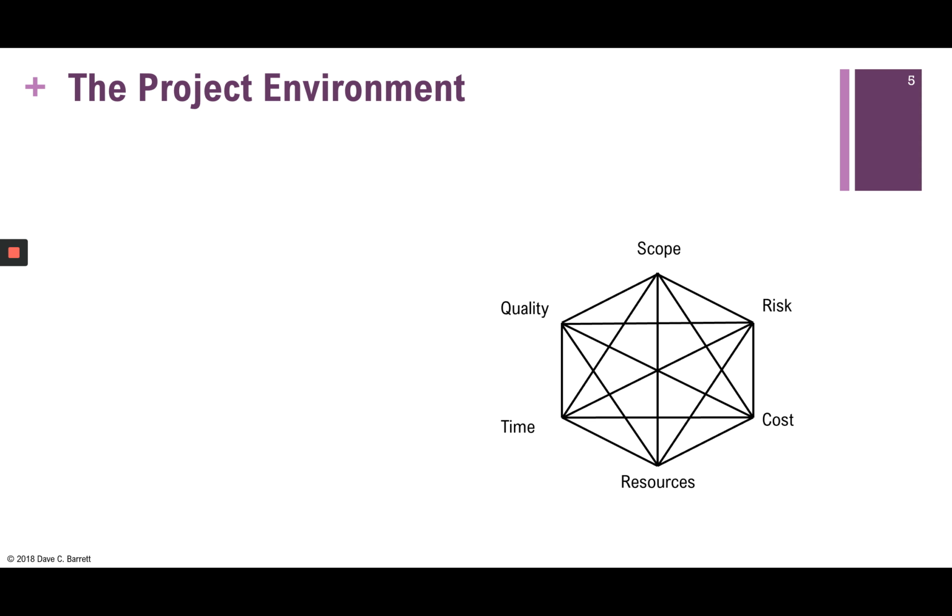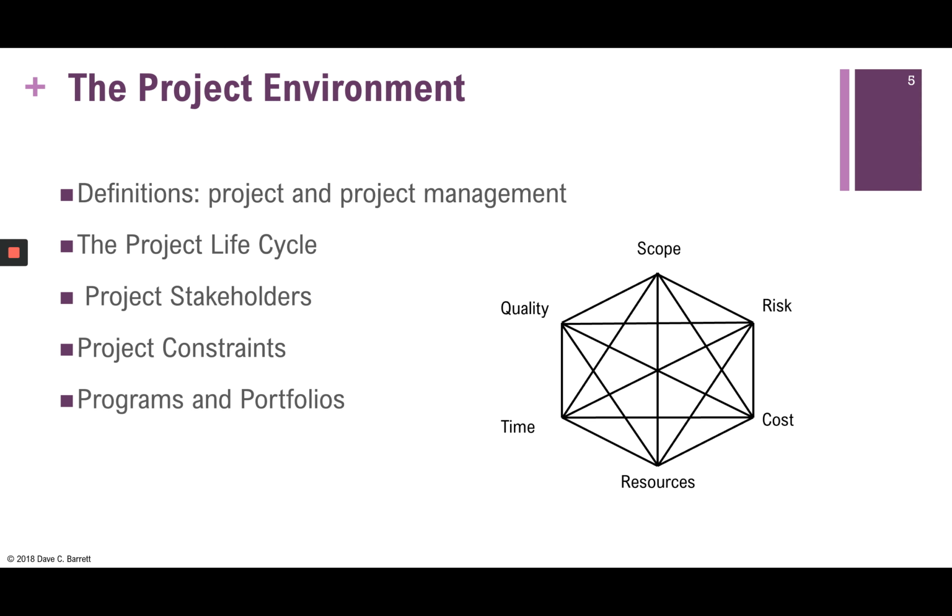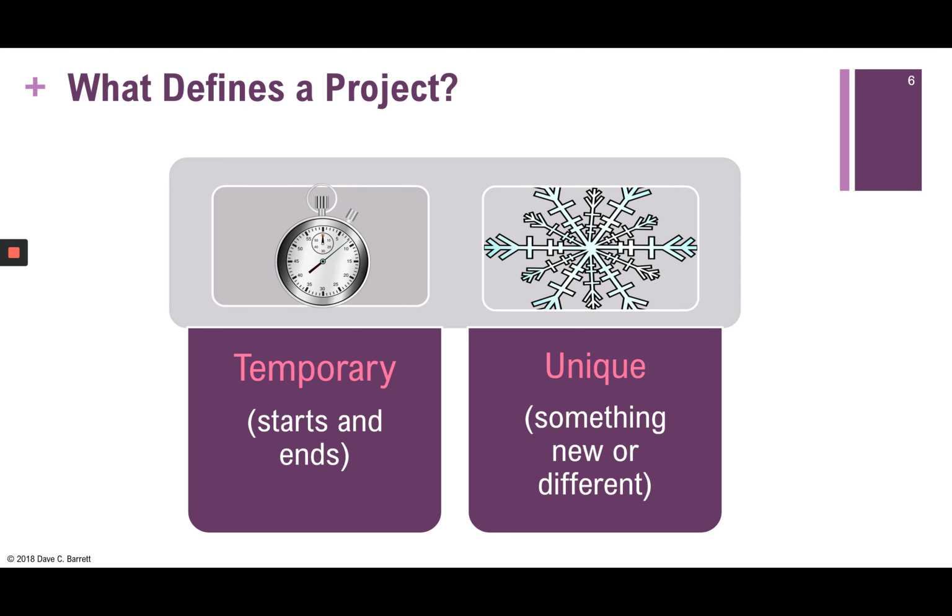That's the purpose of this first lesson in the first chapter of the textbook, is to talk about the environment. We're going to look at things like the definition of project and project management, something called the project life cycle, project stakeholders, constraints, and we're going to do a brief overview of structures known as programs and portfolios. So let's look at each one of those in detail.